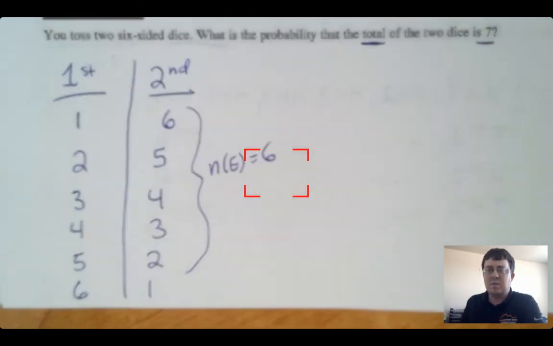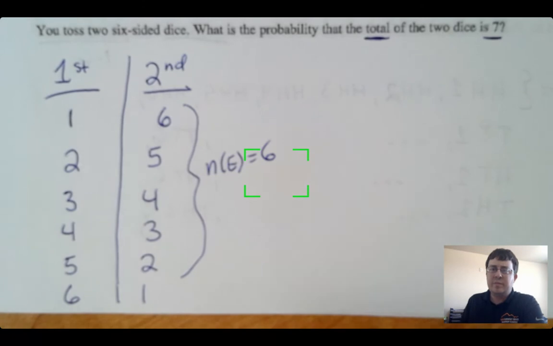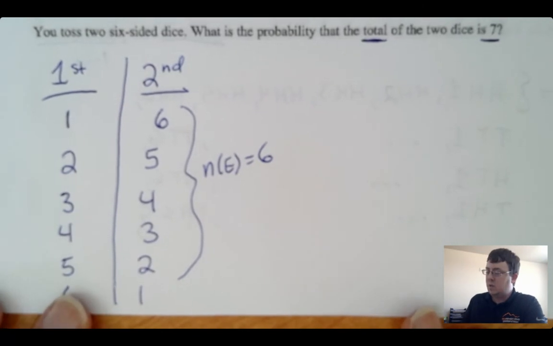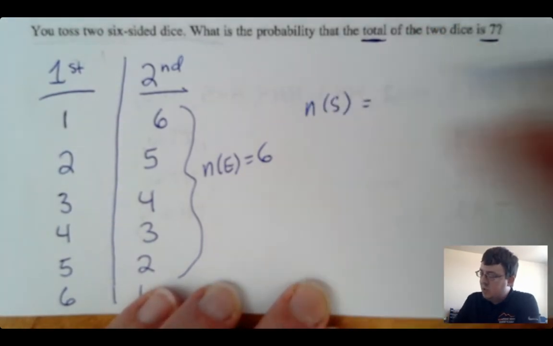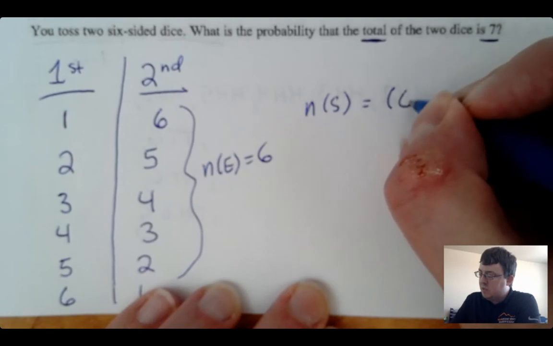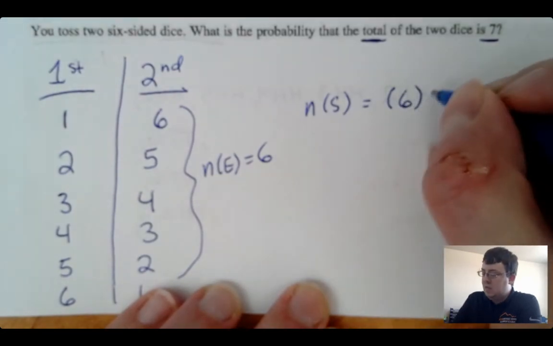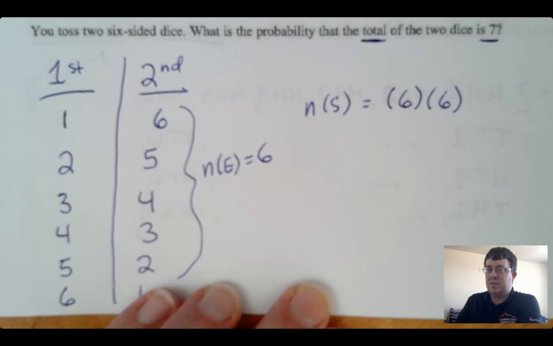If I want the number in the sample space, well, I have 2 different dice. The first die has 6 options. The second die has 6 options.